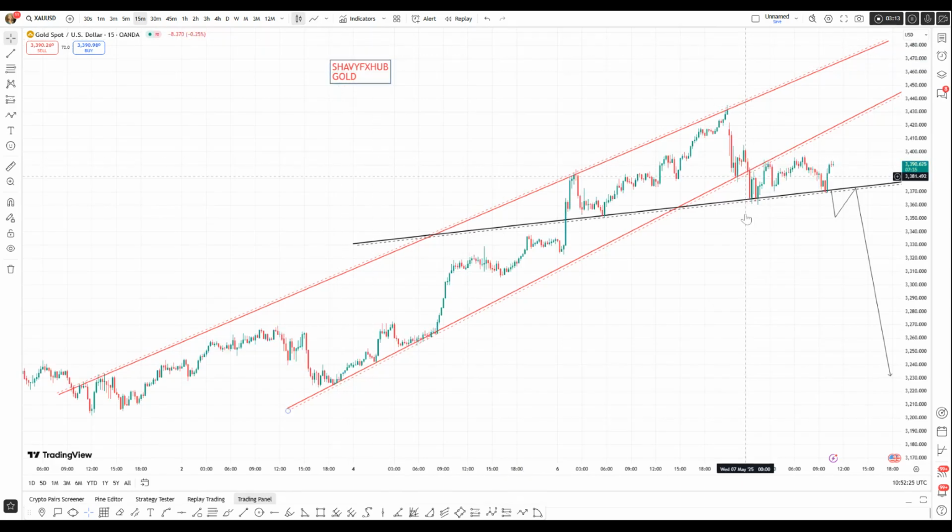Let's get back. After that break of structure, price retested sell again. So what we might likely have is another upward move on the same broken out ascending trend, and the market might start dropping from there.